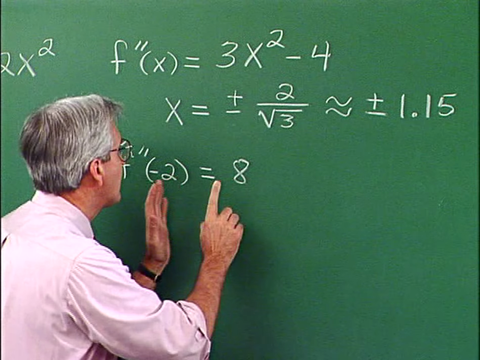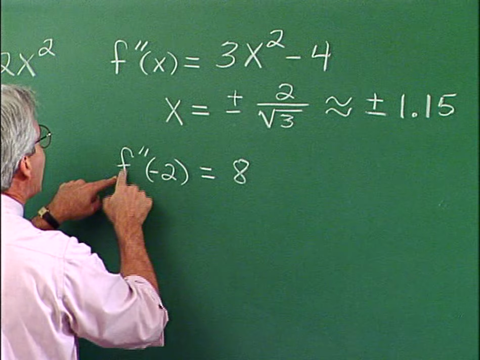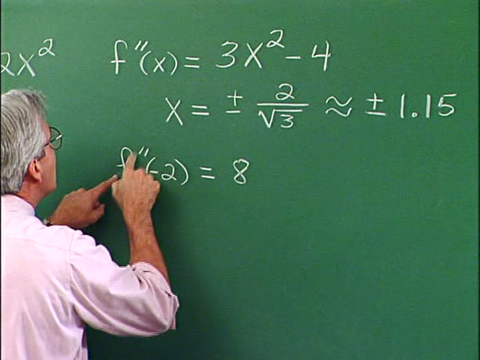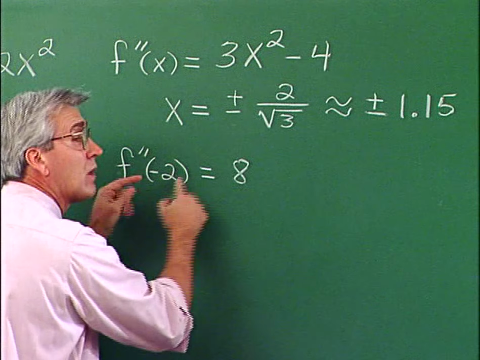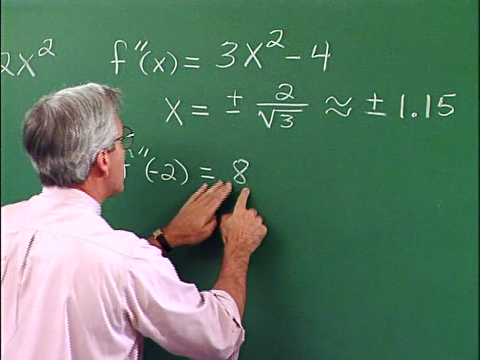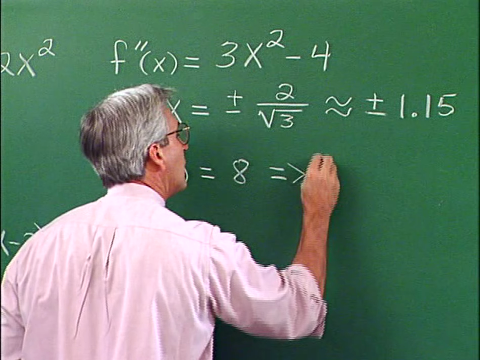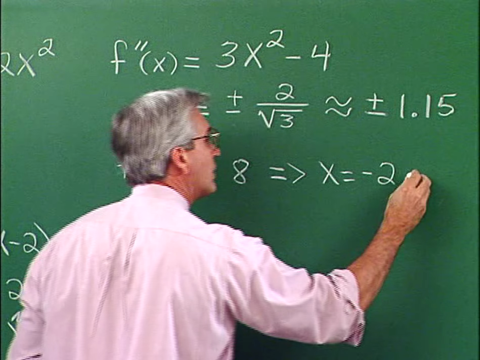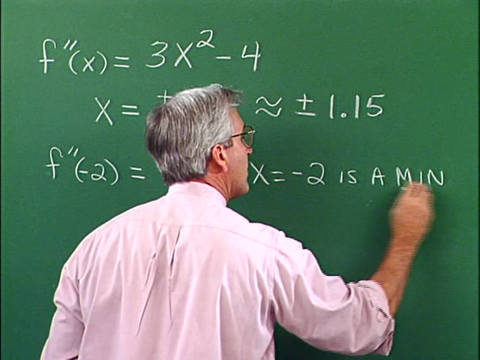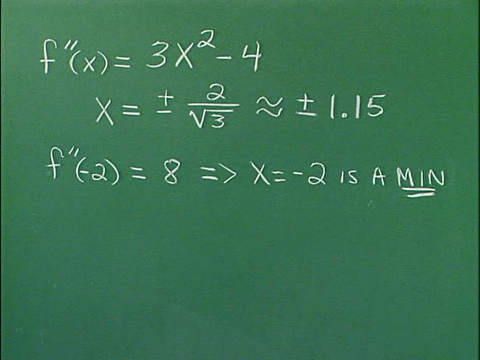All we have to do is determine the positiveness or negativeness of f double prime at the zeros of f prime. That's really all we have to do. So we determine here, because this is positive, that x equals -2 is a relative minimum. All right, and in a similar way, we examine the others.